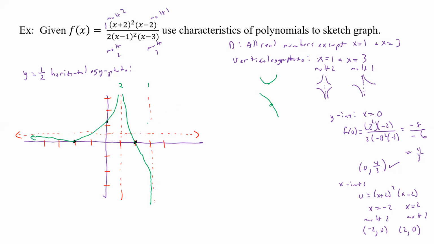Since this has the odd multiplicity, this has to come down now because this went down here. And since we have that horizontal asymptote, it's just going to get really close to it, but never touch. And so it's going to look something like this as far as our graph.